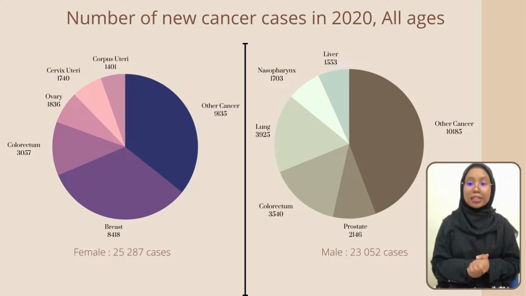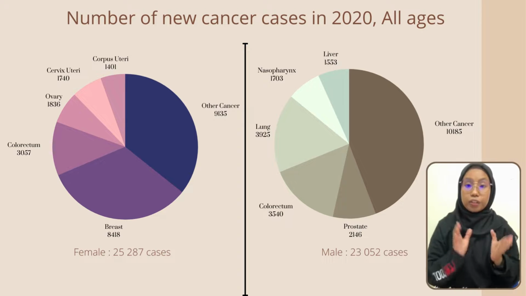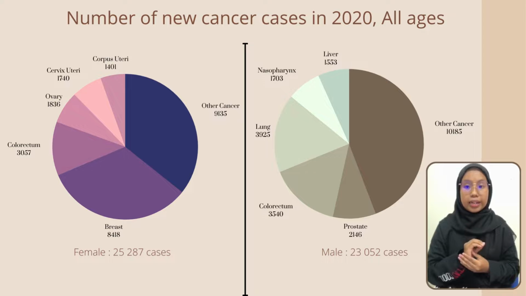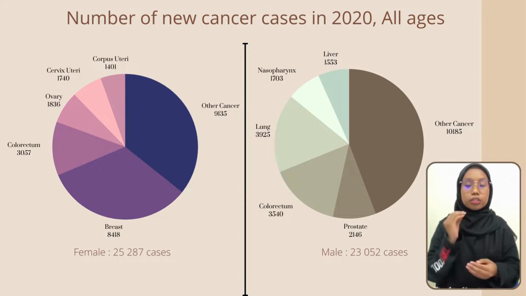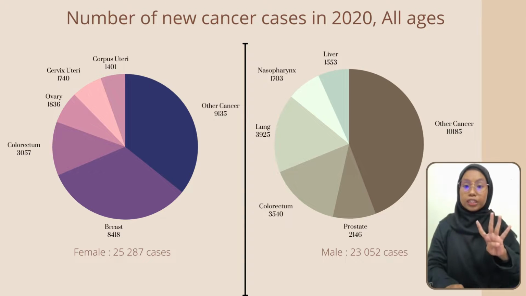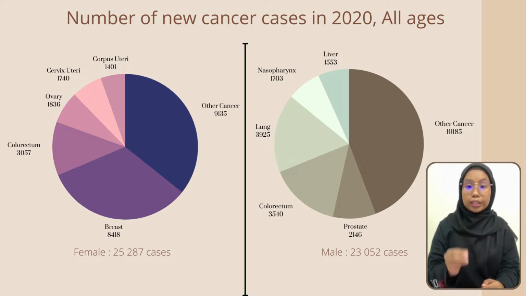Both cancers, lung and liver cancer, experienced by males, have a difference of 28.35%, while in the female pie chart we see corpus luteum recorded 1,401 new cases in 2020, while cervix uterine recorded 1,740 new cases in 2020.